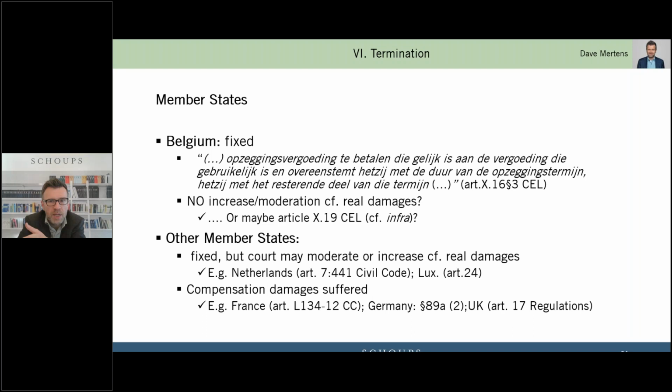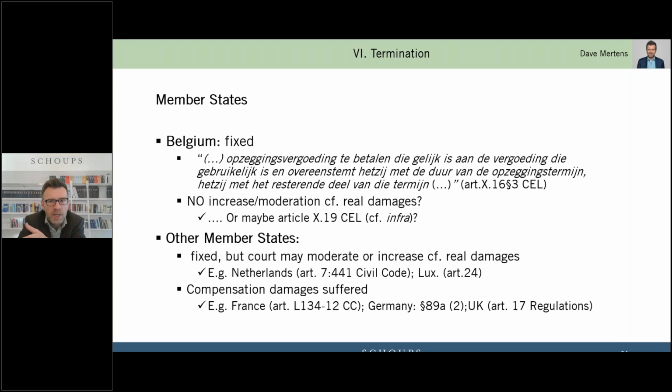So it's fixed. In the Belgian system, there's no possibility for the court to decrease or increase. For instance, you would terminate abruptly, but after 2 months or 2 weeks, you had another principal. So in fact, your real damages are negligible. Still, it's fixed. No way for the court to adjust, increase or decrease. There's an exception here. We'll talk about that later.